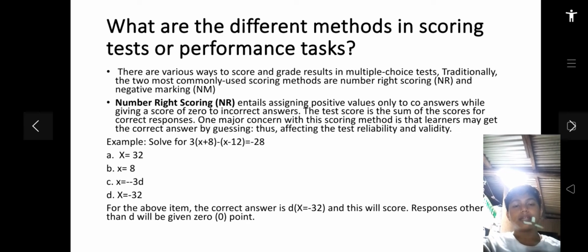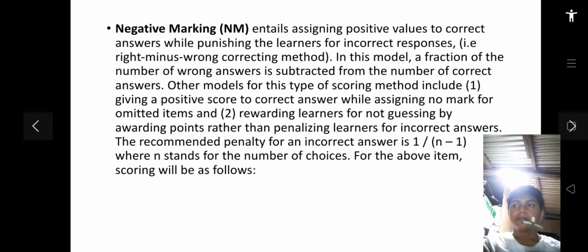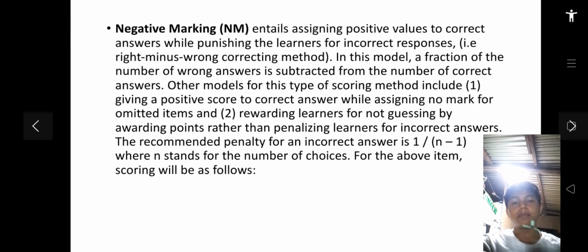The next one is negative marking. Negative marking involves rewarding learners for correct responses while penalizing them for the wrong ones. In this model, a portion of the total number of incorrect responses is deducted from the total number of correct responses.